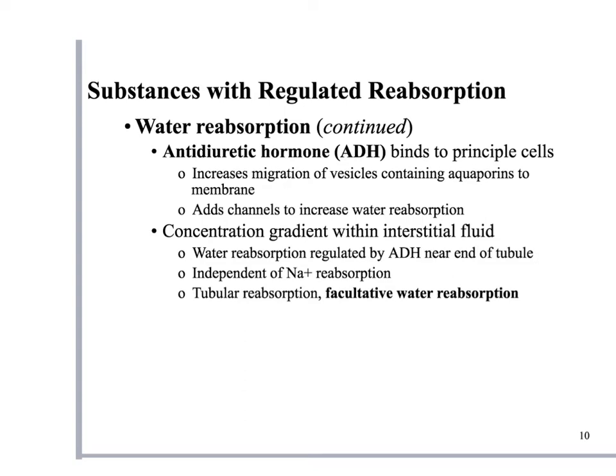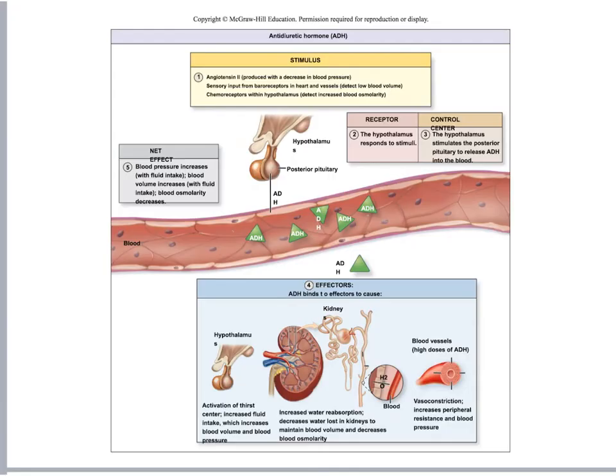And then you end up with ADH. Some water reabsorption is independent of sodium. Okay? So water follows salt, and you can control urine production or water reabsorption by reabsorbing sodium, but then there's also a separate mechanism.